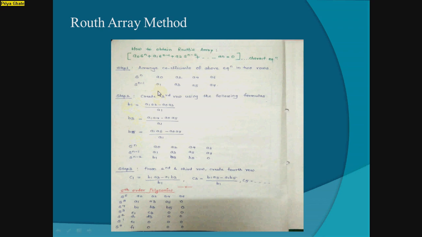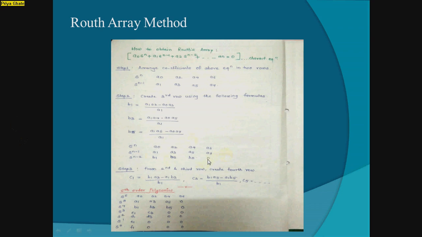To find b1 and b3, we have to put the values of a0, a1, a2, a3 into that formula, and then we find the b1 value, b3 value and b5 value. Now we have to calculate this third row, and then we will get the b1, b3, b5 values.